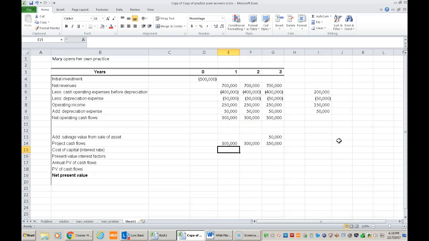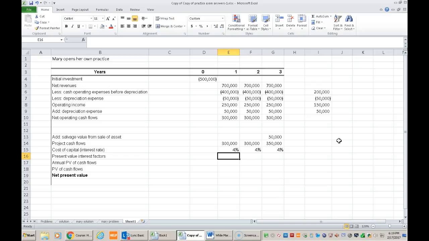We know that the cost of capital, the interest rate, is 4% from the problem, and that's for each of the 3 years. Now how do we calculate the net present value? There are three different ways we can do it. We can manually calculate it, and your book shows you how to do that.